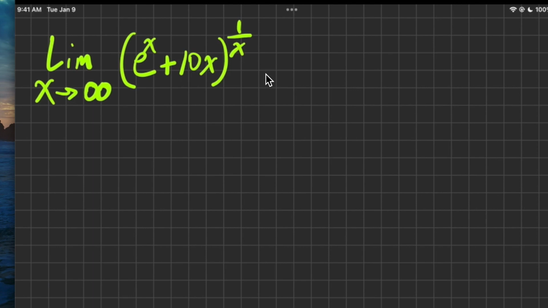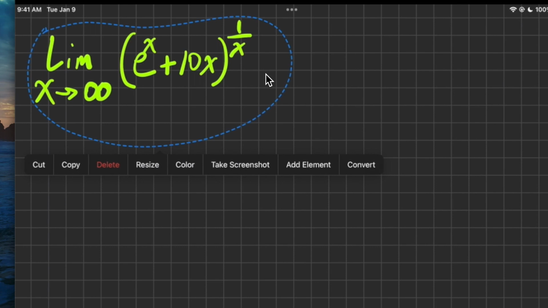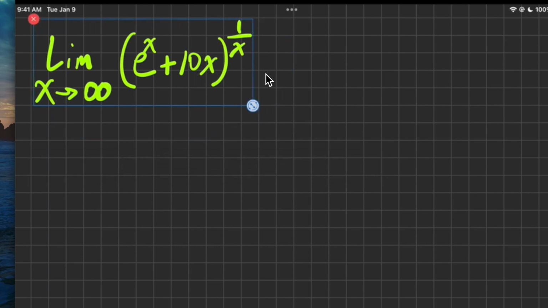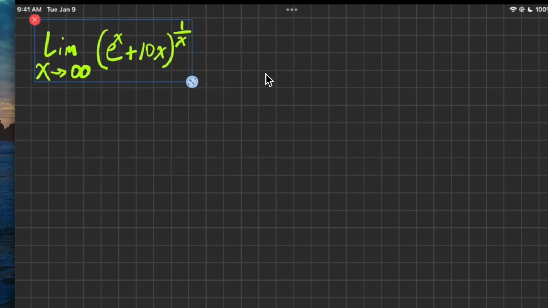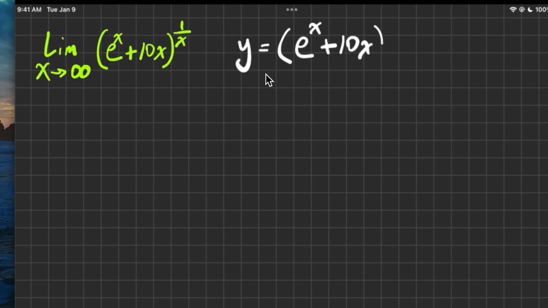When we see an exponential function and we're trying to get L'Hopital's involved, we're going to use natural logs. We're going to set y equal to what's on the right side here of the limit. Then we're going to take the natural log of both sides, and we're going to forget about the natural log of y until the very end.